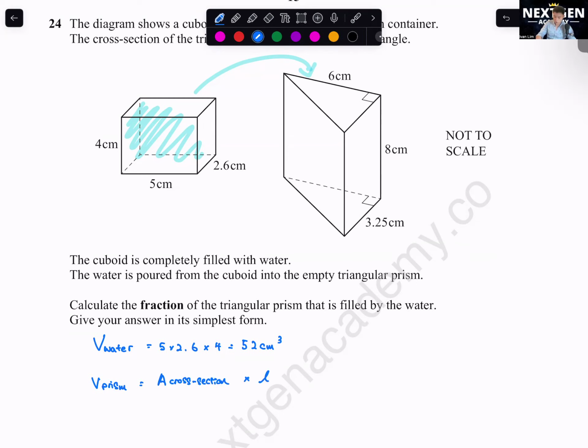What is the cross section? This part here will be your cross section. Okay, which is a triangle. So here will be half times base times height and multiply by the length. This will be the length. Okay, so the base is this one. The height is this one.